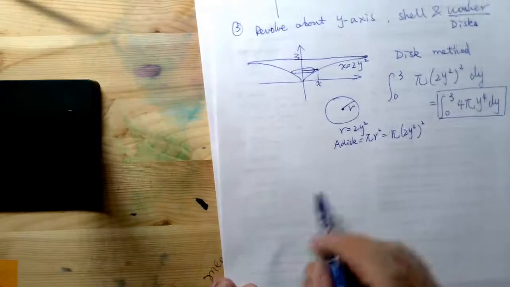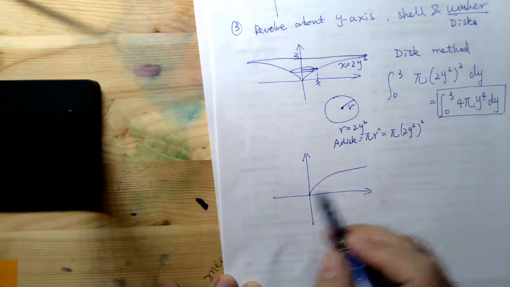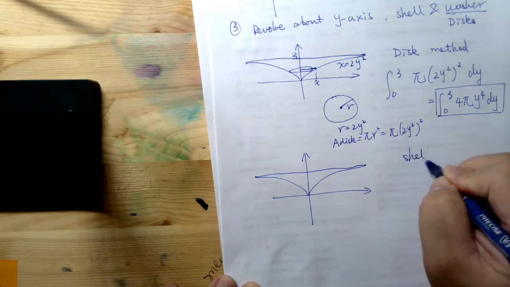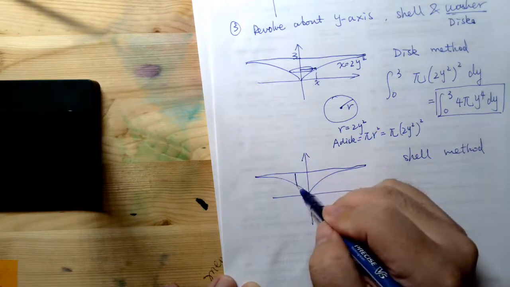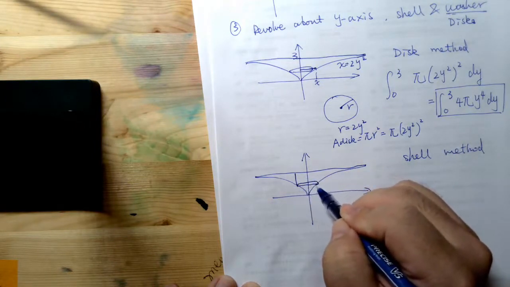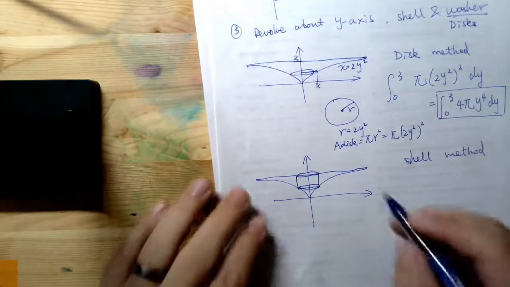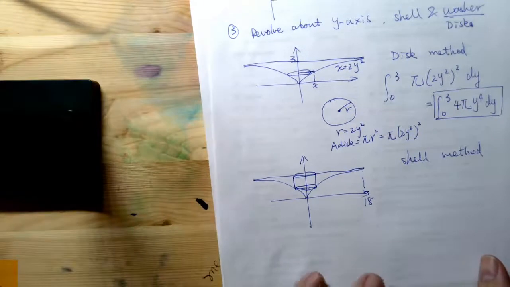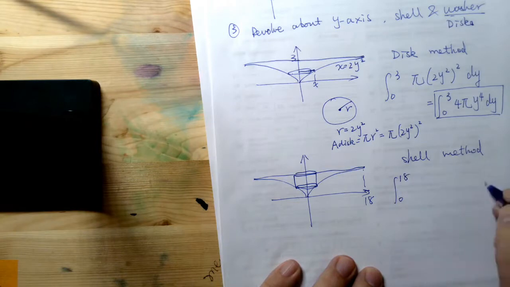Now, if we try to use the shell method, this is going to be the shell, and of course this part is 18. If we use the shell method, there's one thing we need to know: we have to make the integration about x.